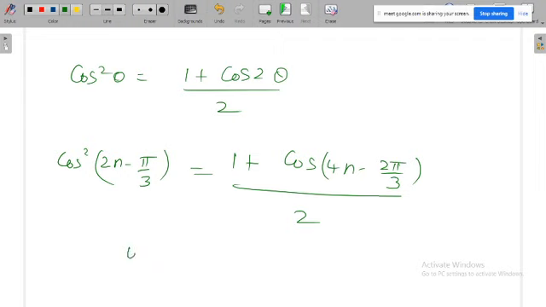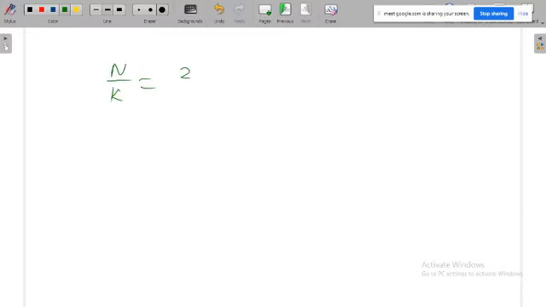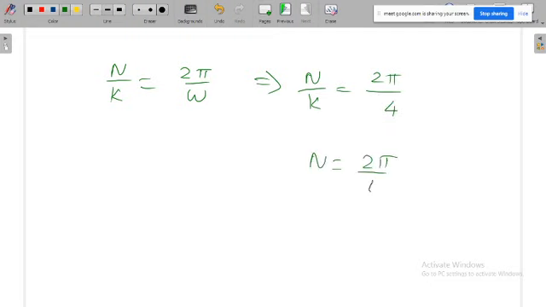So from this, what is omega? Omega is equal to 4. N by k is equal to 2 pi by omega. What is the omega value? Omega is 4. So n is equal to 2 pi by 4 into k. Now what value of integer k will make n an integer?